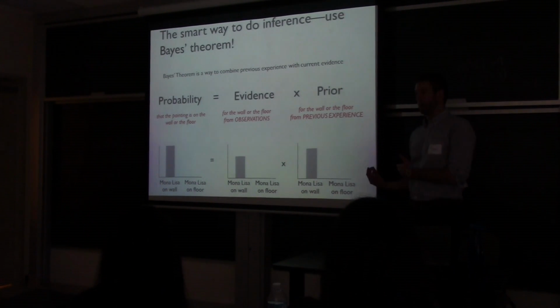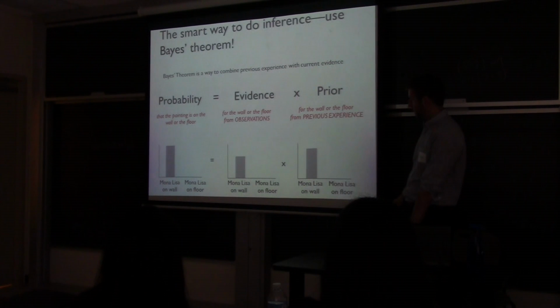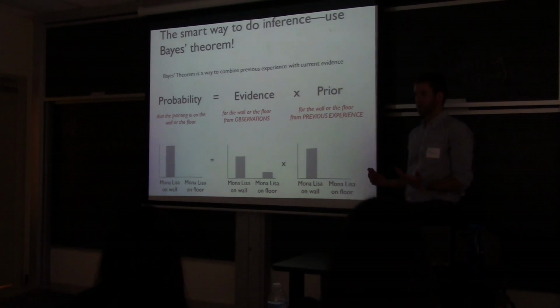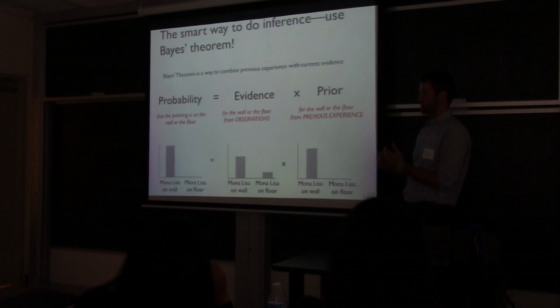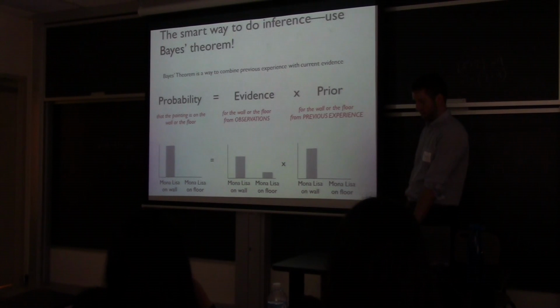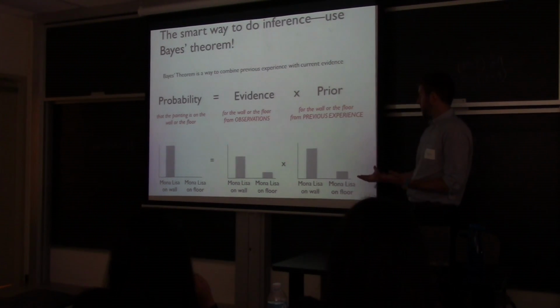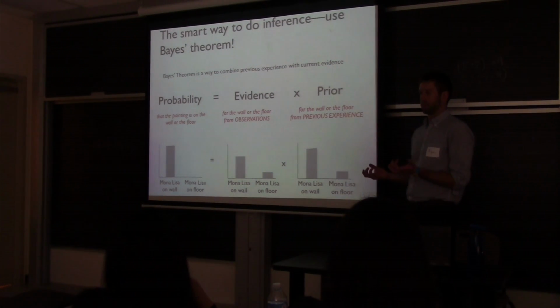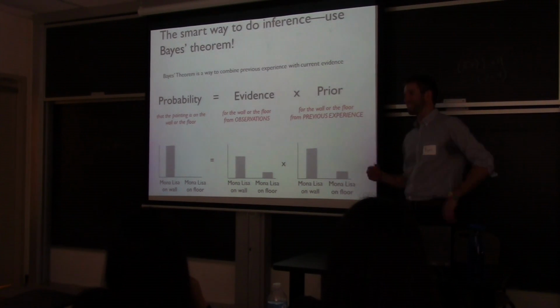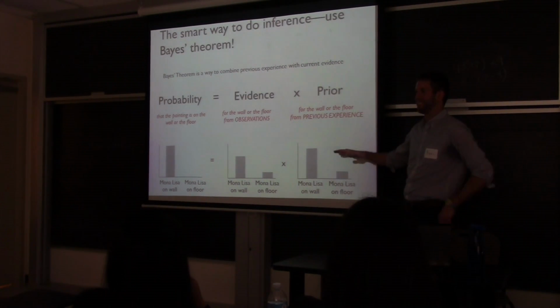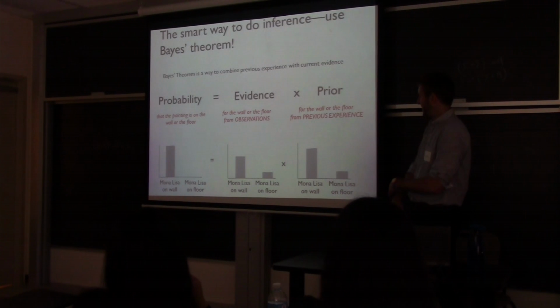But there's another possibility that the painting's on the floor and the photo's been rotated. And again, our evidence for that is pretty low because we don't have anything indicating that the photo has been rotated, because it's been blocked. And secondly, we don't have a high expectation that this is going to happen. I guess maybe if you're in this class, you might bump this up a little more because I'm going to trick you a little bit.